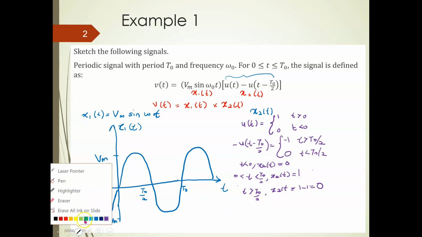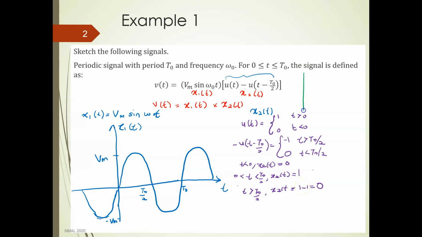So when you plot this, it is actually a rectangular signal. You have the time t0 over 2 here, and the amplitude involved: before 0 there is no signal, after 0 the signal goes to 1, and after t0 over 2 it goes back to 0.